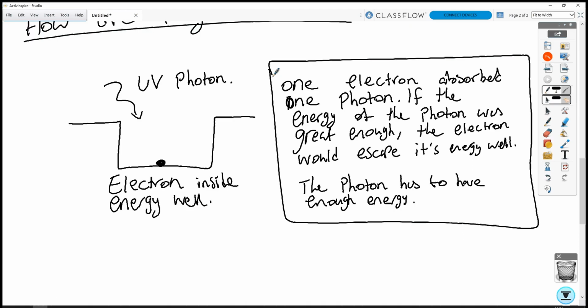Gamma, X-ray, UV, visible light, infrared, microwave, radio wave. All of these live on the electromagnetic spectrum. Think of them as all the same thing at different frequencies. So they're all light.